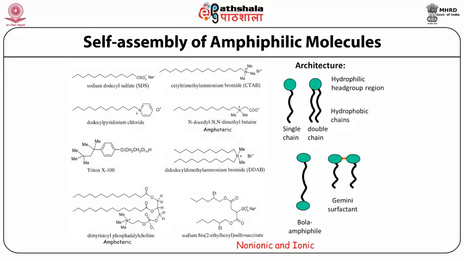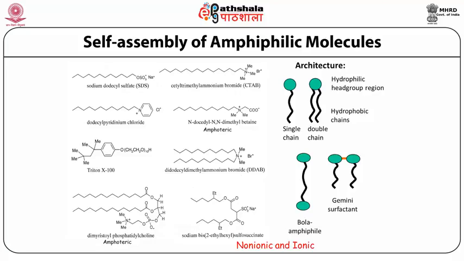What are amphiphilic molecules? Amphiphilic molecules have both a non-polar part and a polar part. Now the polar part can be ionic, as you see in this case, sodium dodecyl sulfate, where you have a C12 non-polar part, and along with that there is a head group, the sulfate group.